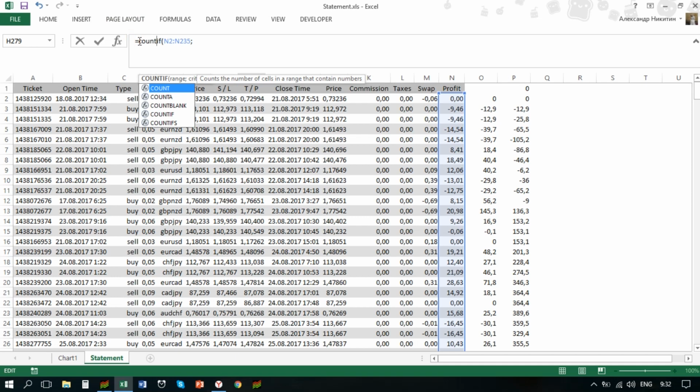COUNTIF within this range what is more than 0. No, not here, sorry, it should be here.